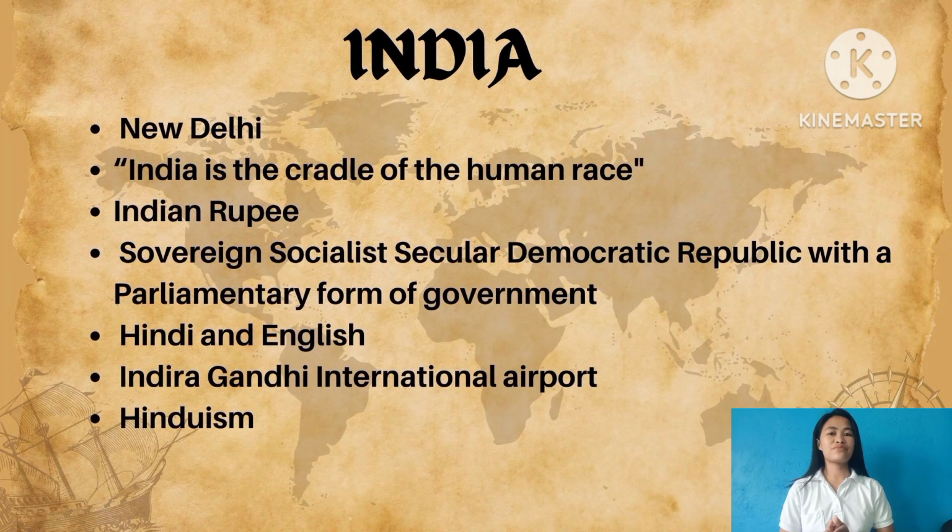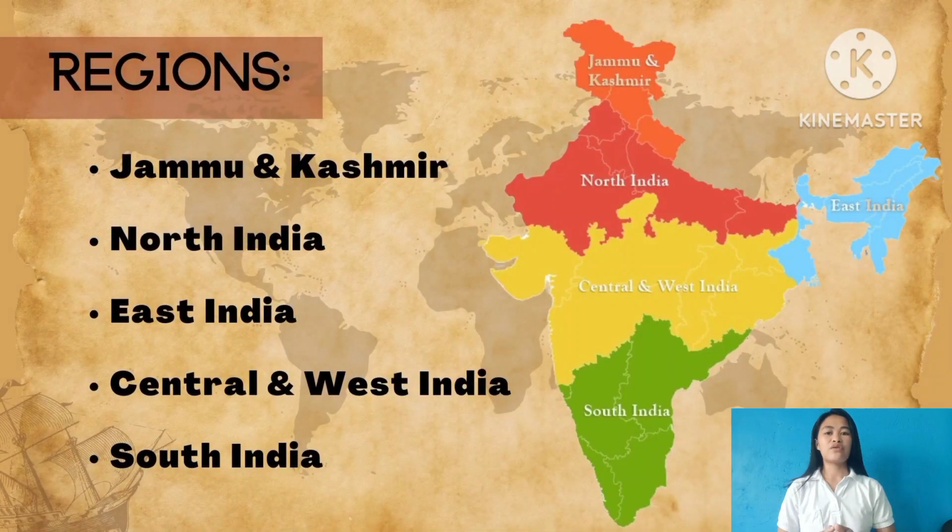So next are the regions of India. There are 5 regions in India, namely Jammu and Kashmir, North India, East India, Central and West India, and lastly South India.